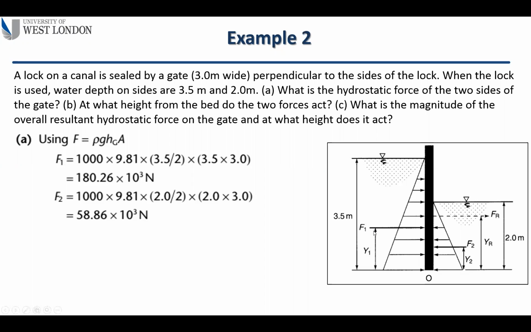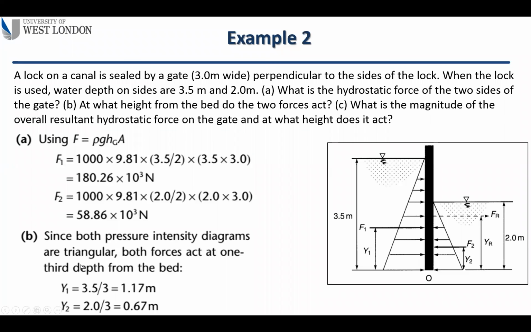If we want to calculate a third from the base, based on this distribution in this triangle diagram, on the left-hand side, y1 is 3.5 over 3, which is 1.17 meters. And for y2 it's 2 meters over 3, or 2 meters divided by 3, which is equal to 0.67 meters. That's for section 2.